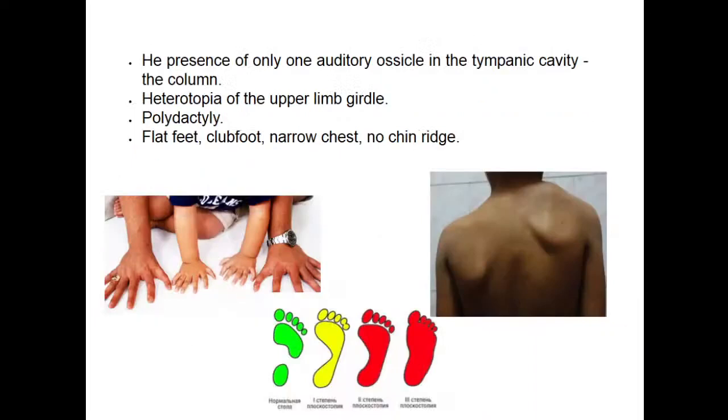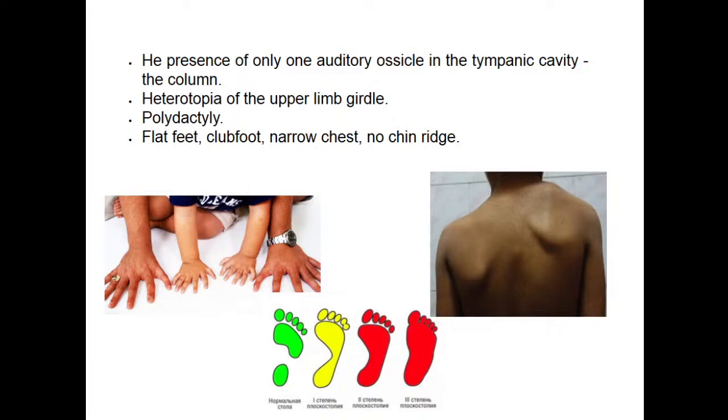Next, the presence of only one auditory ossicle in the tympanic cavity, the columella. Heterotopia of the upper limb girdle.